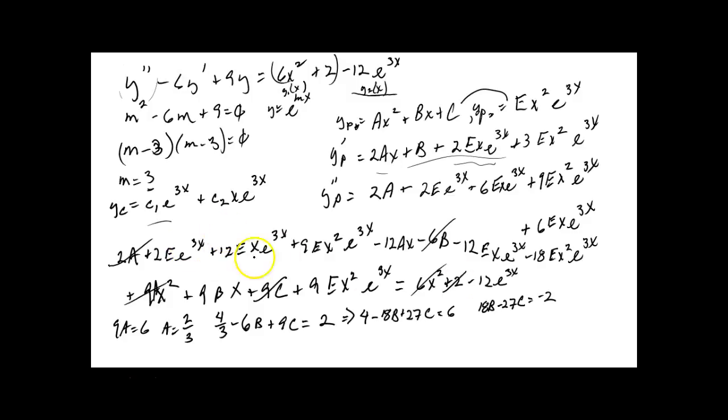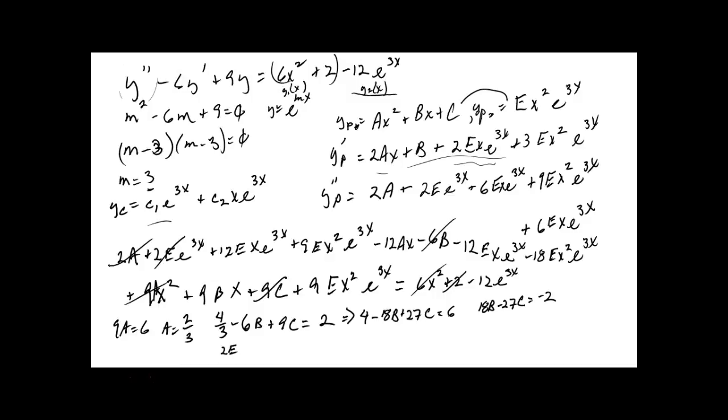Now the e to the 3x's, that's what we're going to deal with next. I'm running out of room. Okay, let's try it here. 2e, okay, e to the 3x's. Is that the only place? That is the only one I see.